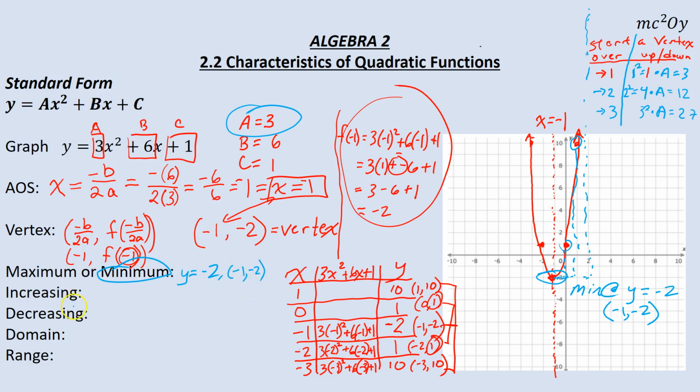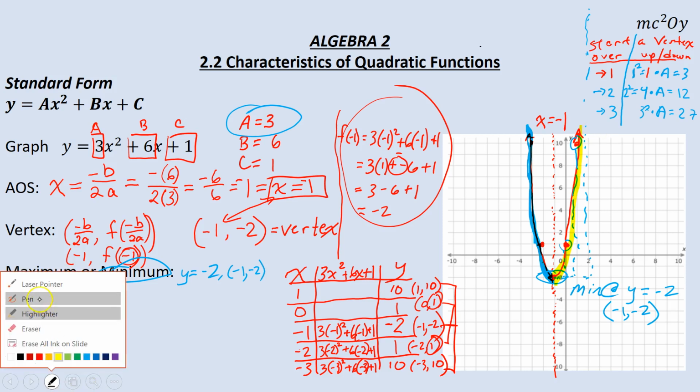All right, it's increasing. Well, this graph, if we go through it, is decreasing here, and then on the other side, we're increasing. Remember, we're going from left to right, reading that graph.